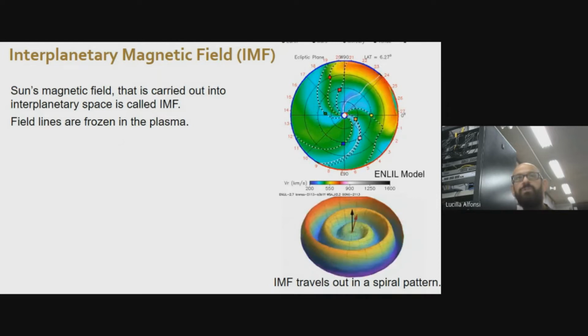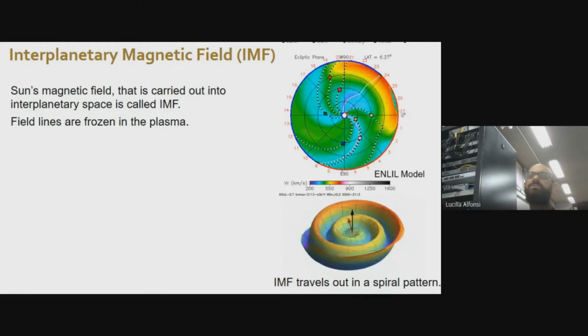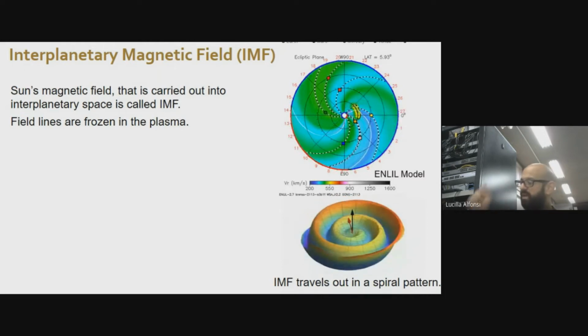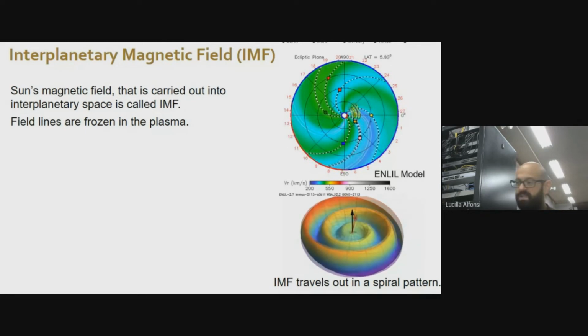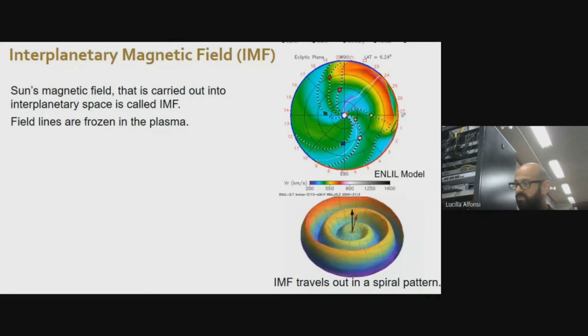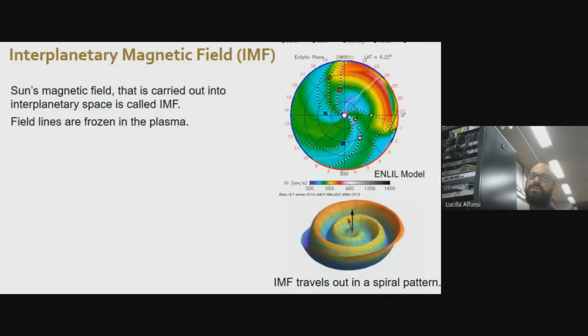In the image on the top right, you can see the quiet solar wind traveling in this spiral behavior, the green and blue lines. At a certain point, you can see the release of a huge CME toward the Earth.